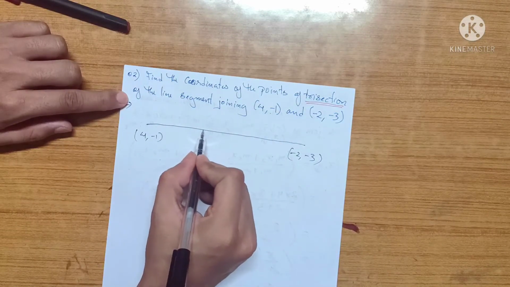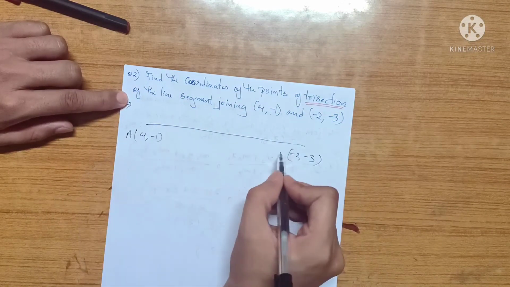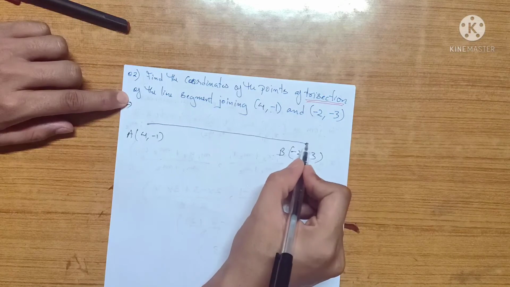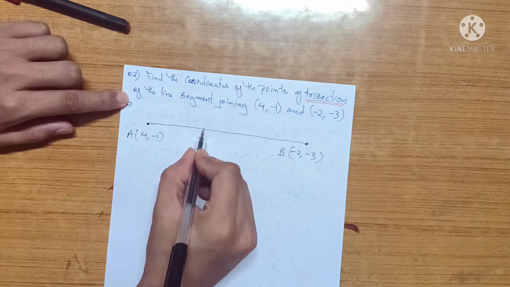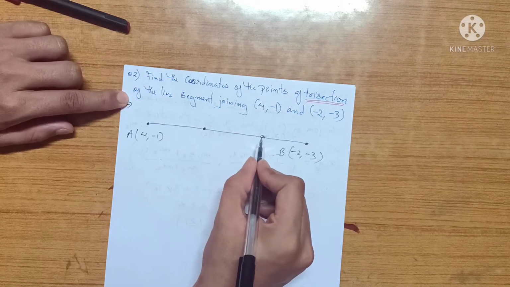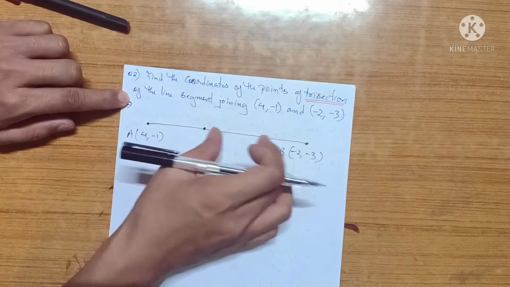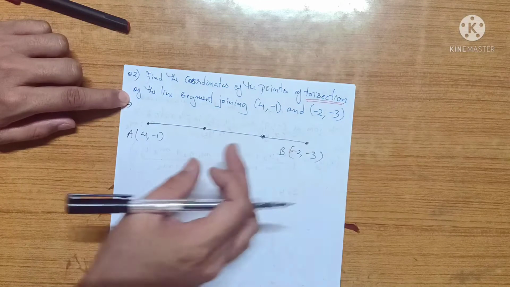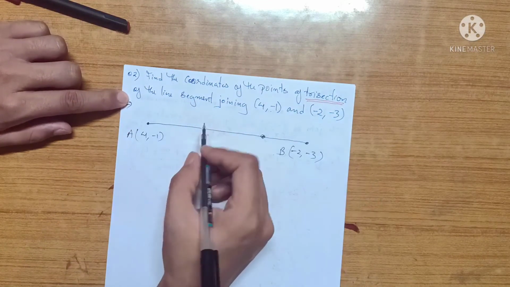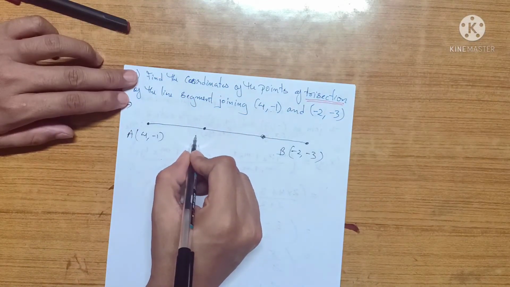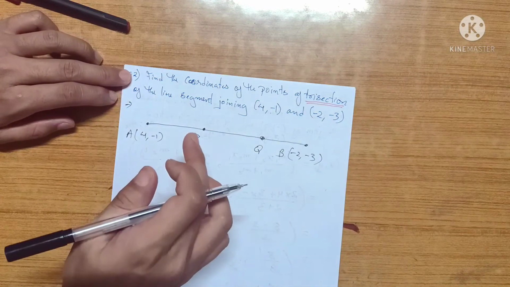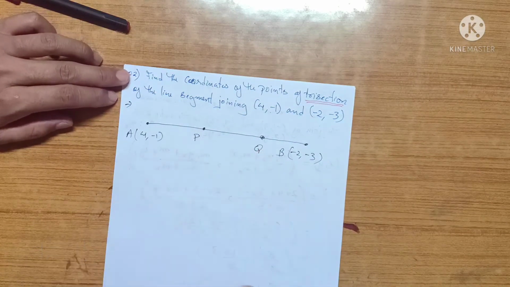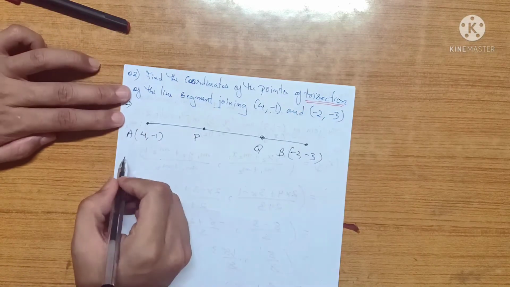Let's consider this as point A and this as point B. They're saying that if this line is divided into 3 equal parts, suppose this line was 15, then it's divided into 5, 5, 5, 3 equal parts. Let's say this is represented by P and this by Q. We're supposed to find both the coordinates of point P and point Q.